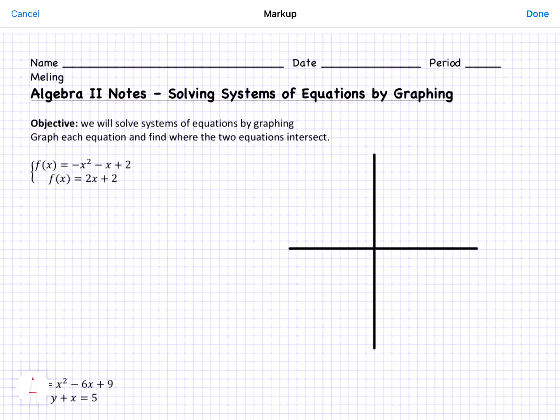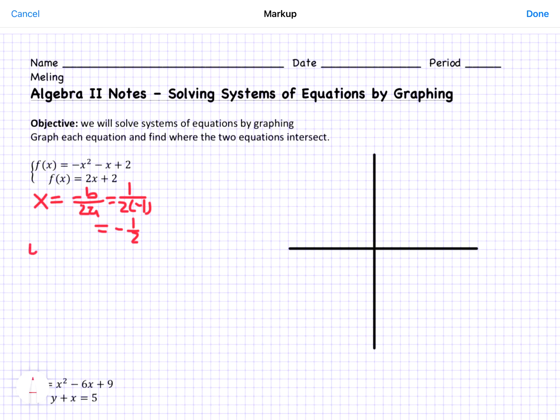When we're graphing a quadratic that's in standard form, we need to use the formula x equals negative b over 2a to help us find our vertex. So negative b in this case would be 1, over 2a would be 2 times negative 1. So our x value is negative 1/2.